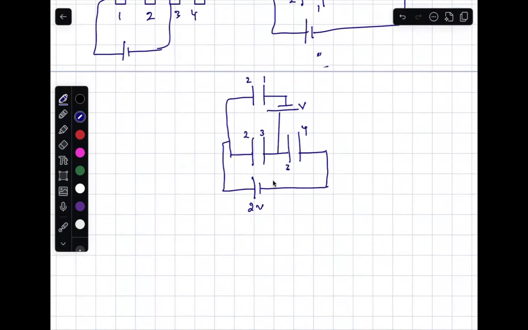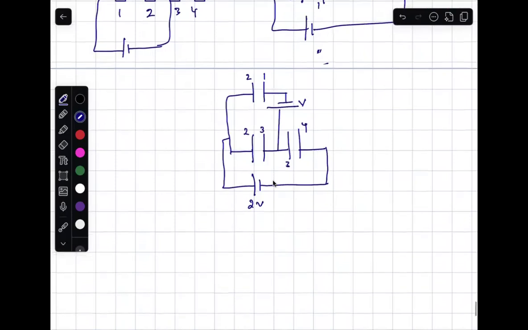Now the nodal method I don't suggest because practically that will trouble you. Okay, we will do one thing. You do it as a loop rule. You do the problem as a loop rule.